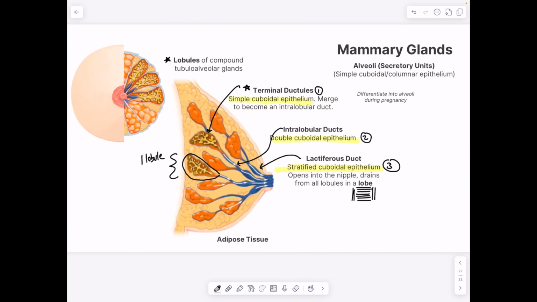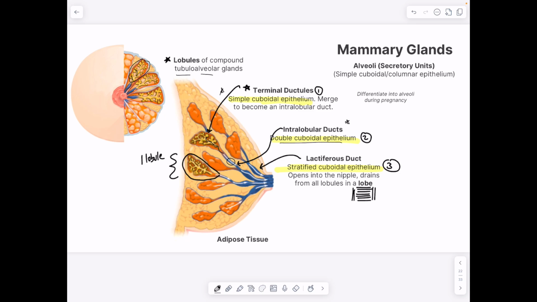Mammary glands. So now we're dealing with the breasts. We have these lobules of compound tubuloalveolar glands, which are going to produce milk. We have basically terminal ductules right here. And these are going to be simple cuboidal epithelium. And then those all merge to become our intralobular ducts, which are going to be double cuboidal epithelium.